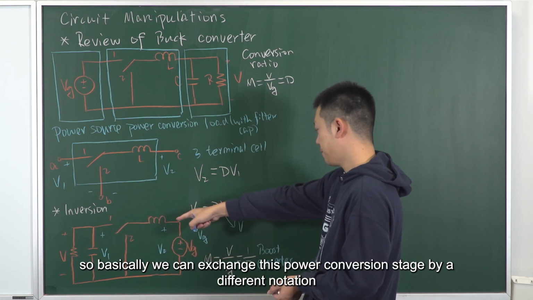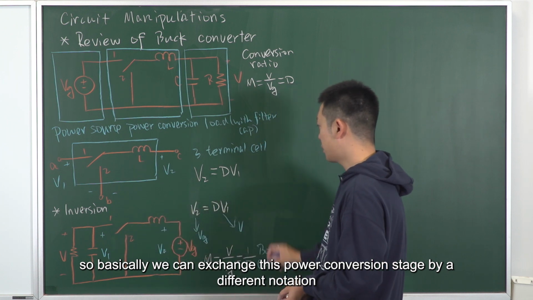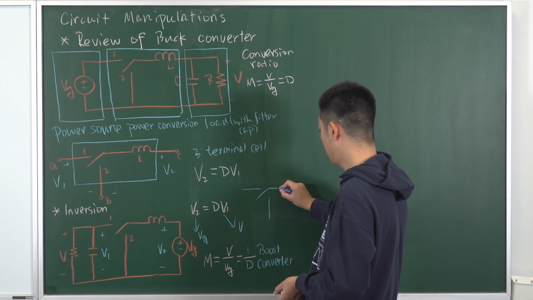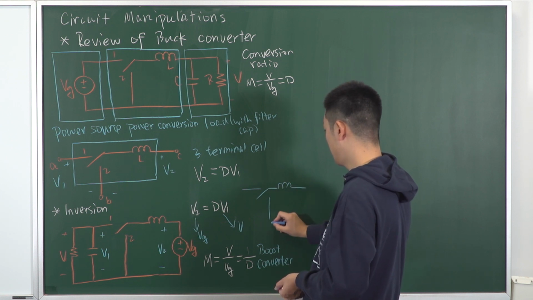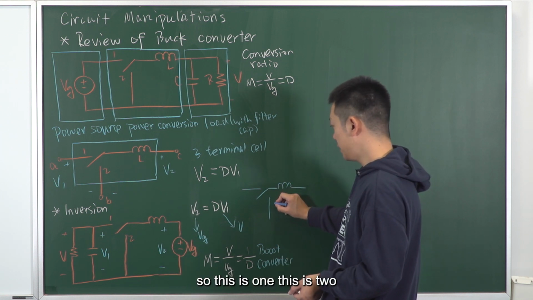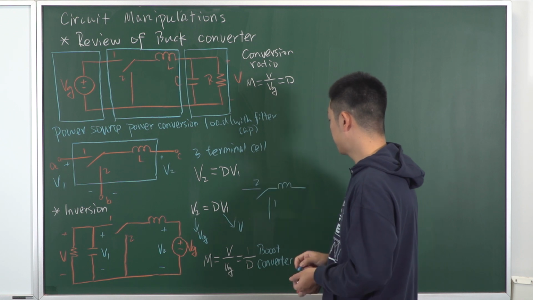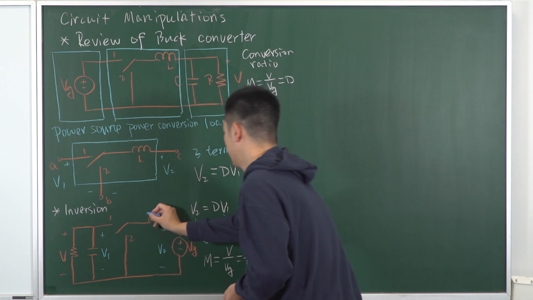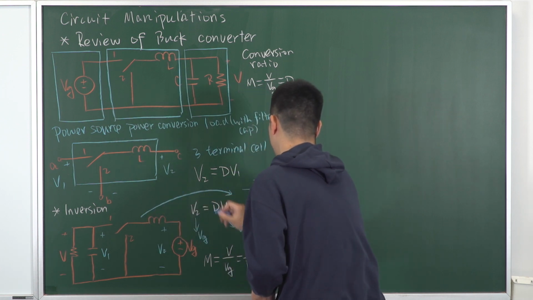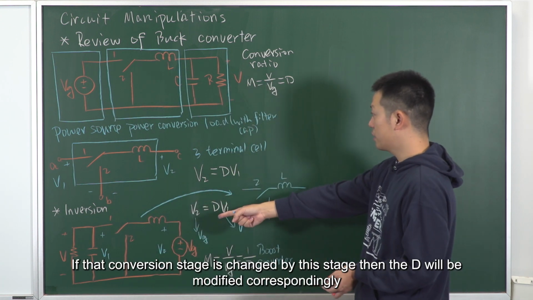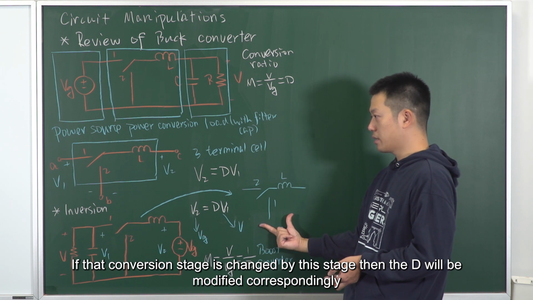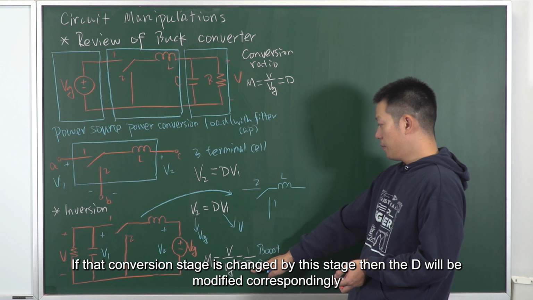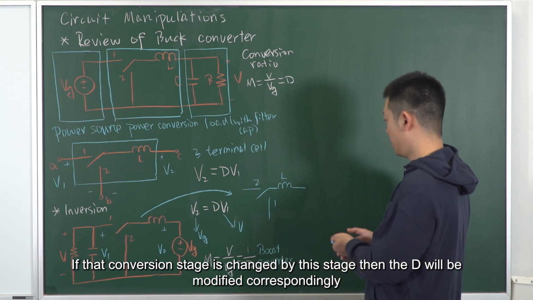Basically, we can exchange this power conversion stage with a different notation. So this is 1, this is 2. Here is L.